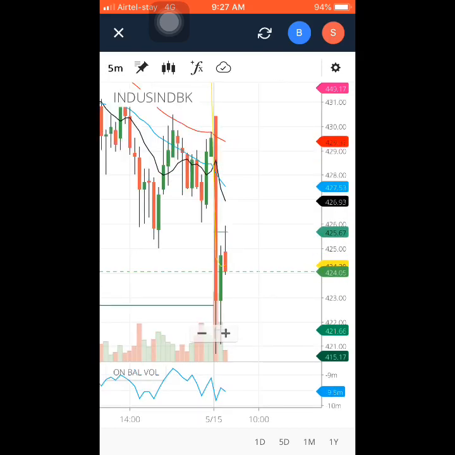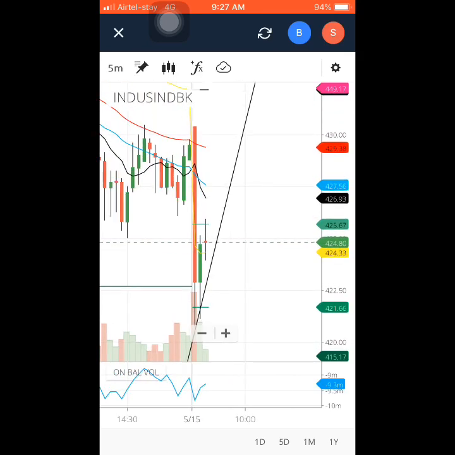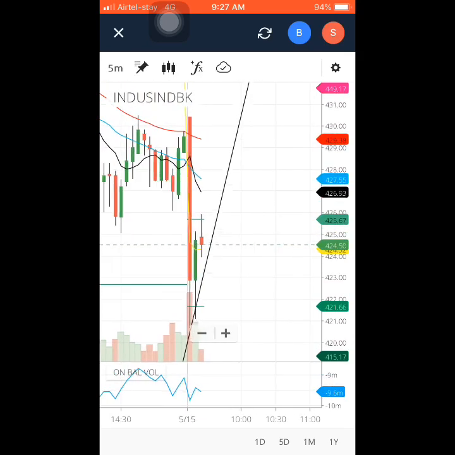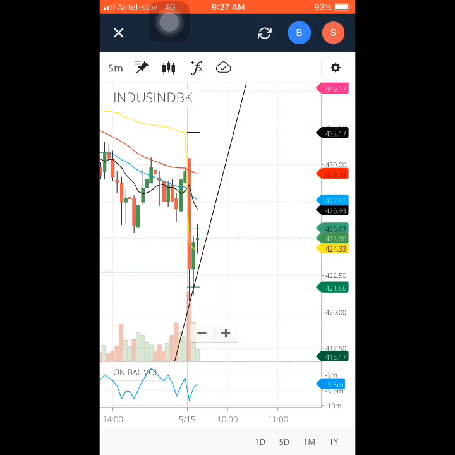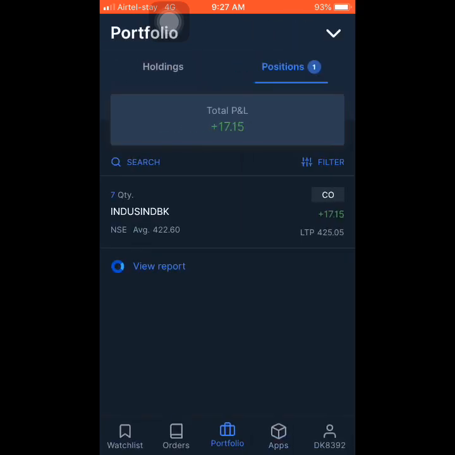Stock is moving up only. If it bounces back also, I think if IndusInd comes down only, but before that we should book our profit. 20 rupees profit now, guys.